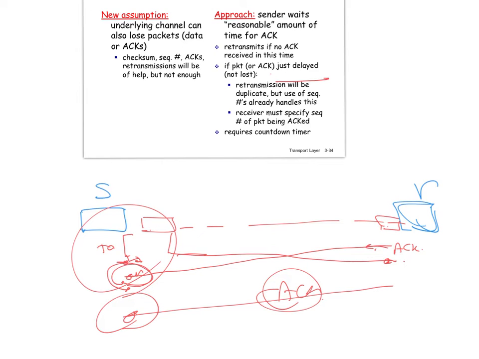Did we say that if the receiver receives a duplicate packet, it will discard it? So why did it send an acknowledgement? Well, we said we have to always send an acknowledgement, because I will assume that the first acknowledgement was not received successfully by the sender, and that's why he sent me another packet.